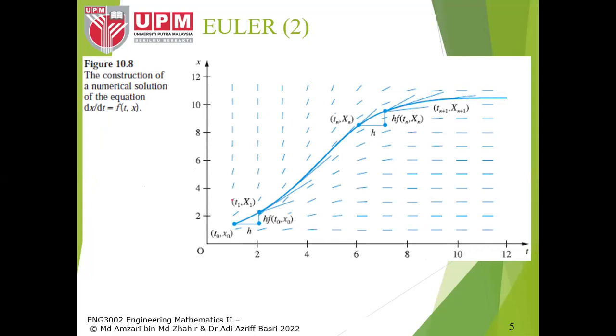If you can see, this is, for example, the main curve. So Euler is about how to calculate the solution at each particular point, so as to get the tangent of the line at that particular point.